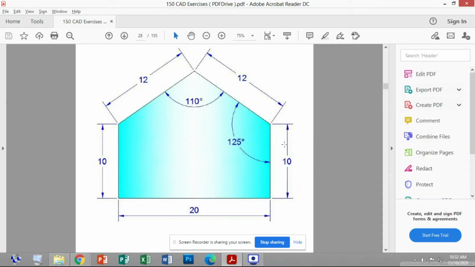Next, okay, is the vertical line, starting from the end of this horizontal line. So, vertical line, or we call that as perpendicular to this 20 units na horizontal line, meron siyang perpendicular na 10 units na line.